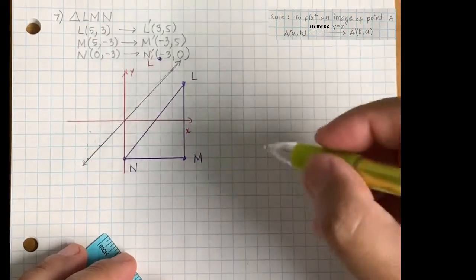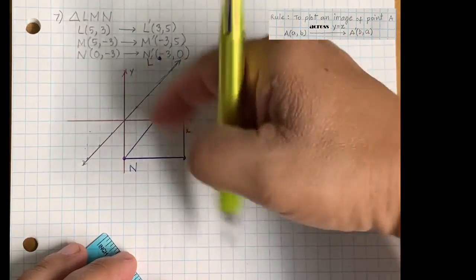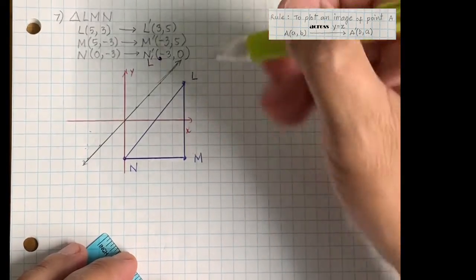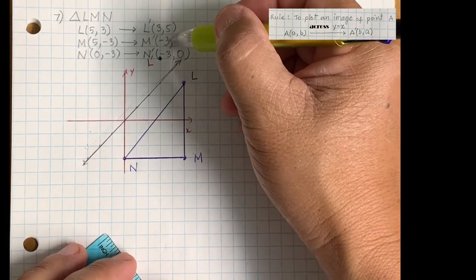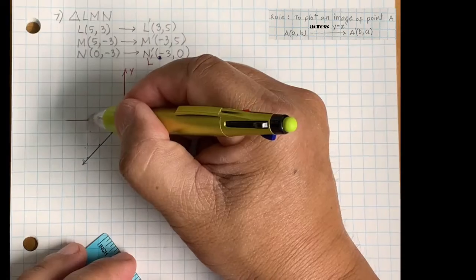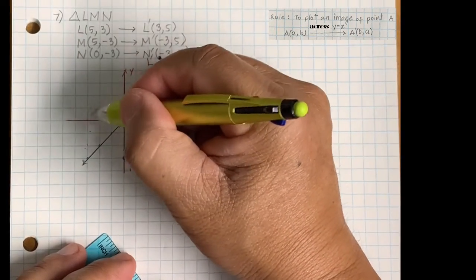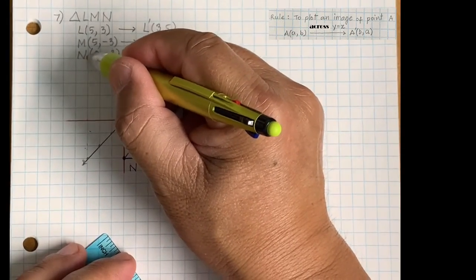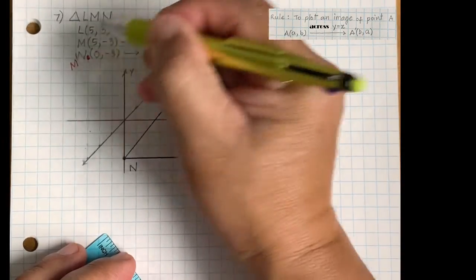So this is my L prime. Of course, I could draw the perpendicular line, but this one is kind of far away, so I'm not going to do that. I'm going to use this. Negative 3 and 5: 1, 2, 3, 4, 5, so all the way up here. So this is M prime.